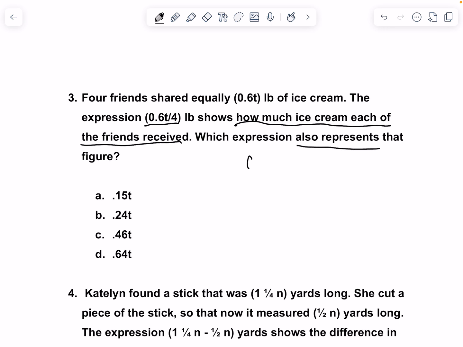So once again, we just simplify the expression. 0.6T divided by 4 LB is equal to 0.15T LB, and since they're equal, that means this 0.15T also shows how much ice cream each of the friends received. So the answer would be A.